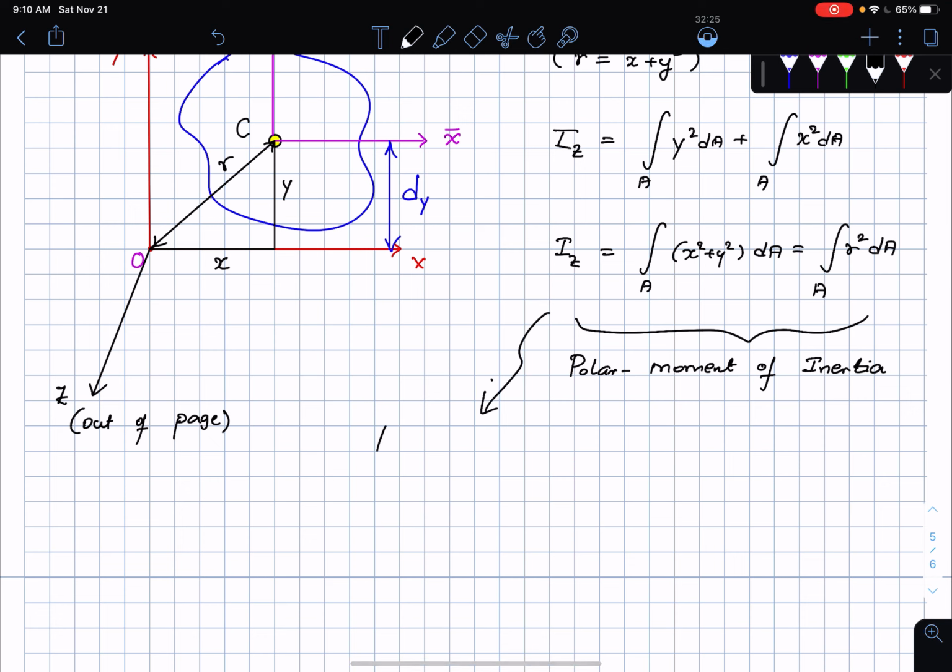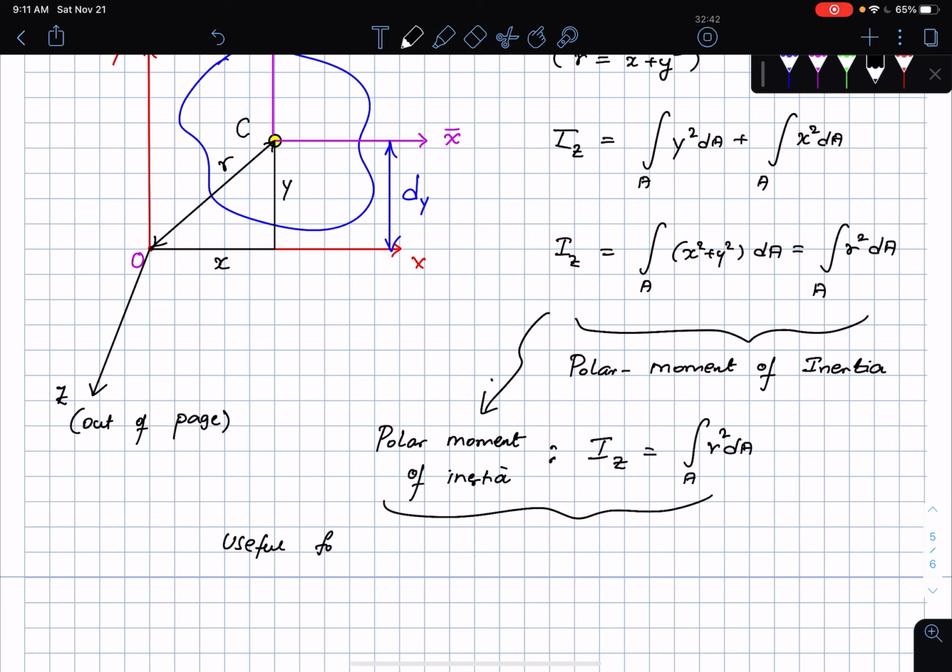So the polar moment of inertia, Iz, is integral of r square dA, and is useful for circular elements, circular cross sections in strength of materials. That is when you're doing stress analysis and so on and so forth.